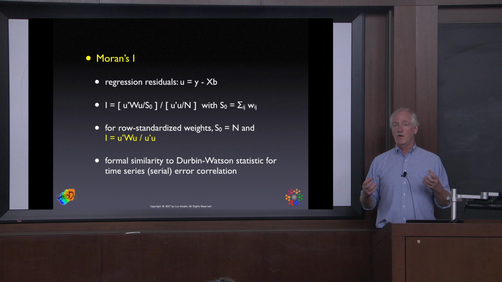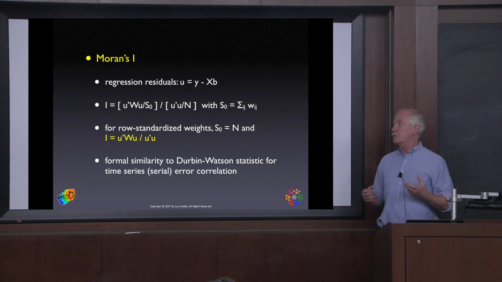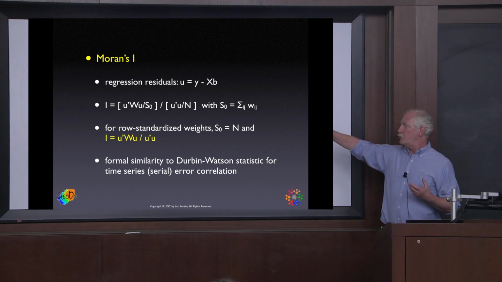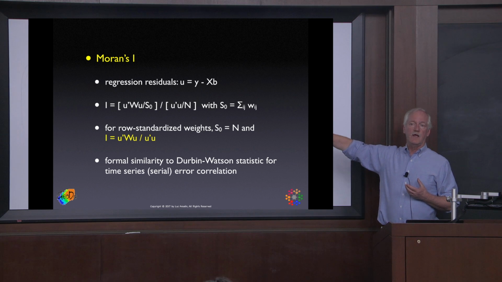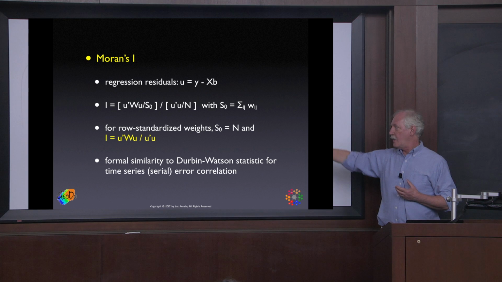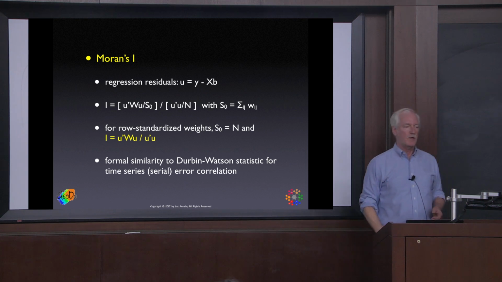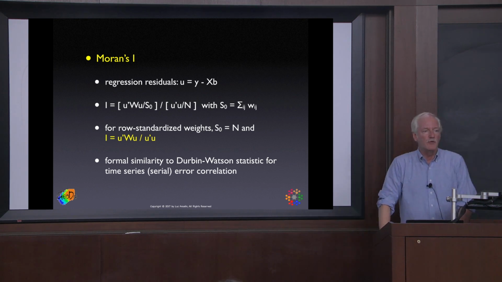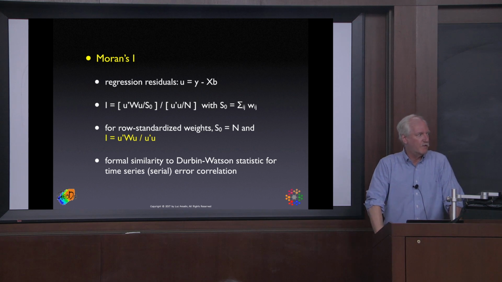Now, if we have row-standardized weights, then these two n's, the n in the numerator and the n in the denominator, cancel each other out, and we have an expression like U prime WU, the cross product of the residuals and their spatial lags, divided by U prime U, which is the sum of squares, right?